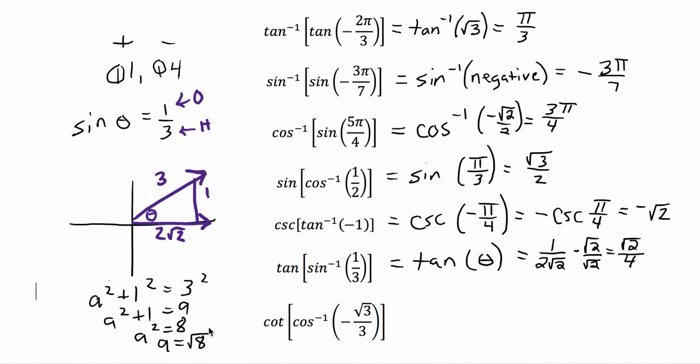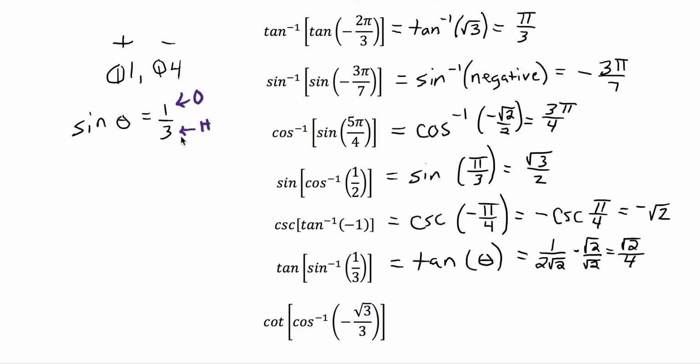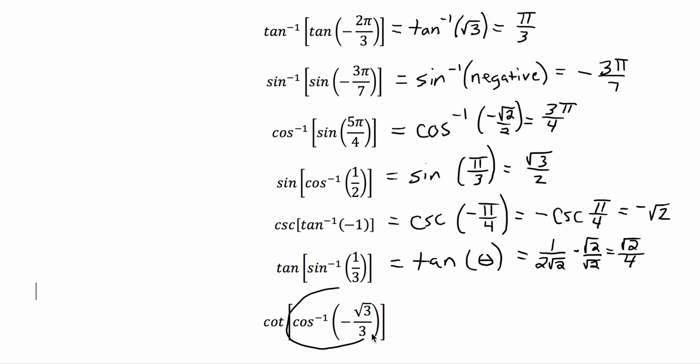All right, and then the last one is going to work very similarly. I'm going to look at the inside portion of that problem. I'm going to ask myself, where is cosine equal to negative square root of 3 over 3?